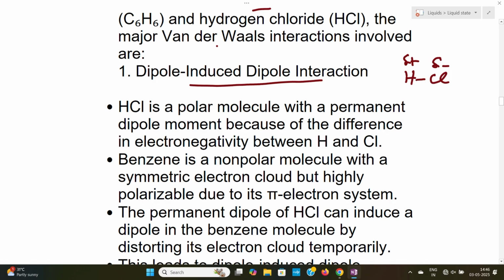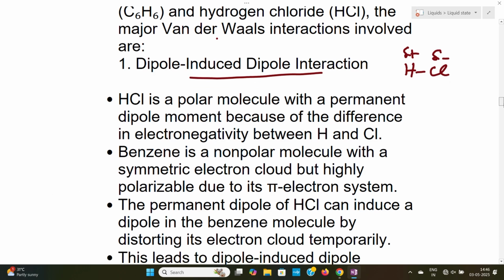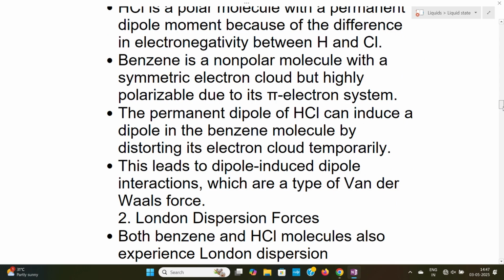Benzene is a non-polar molecule with a symmetric electron cloud, but it is highly polarizable because of the pi electron system.